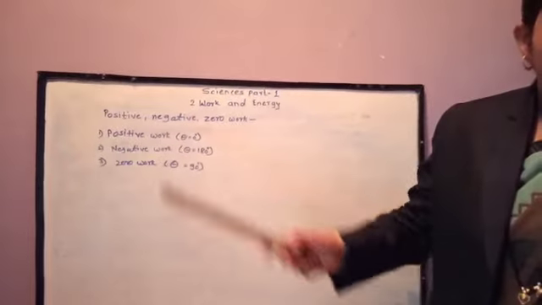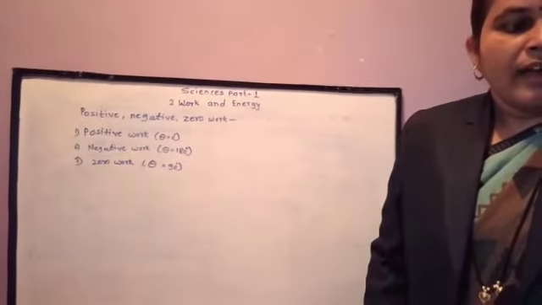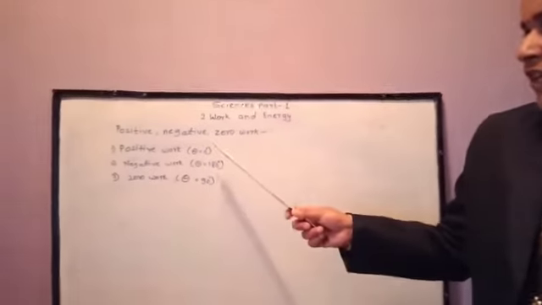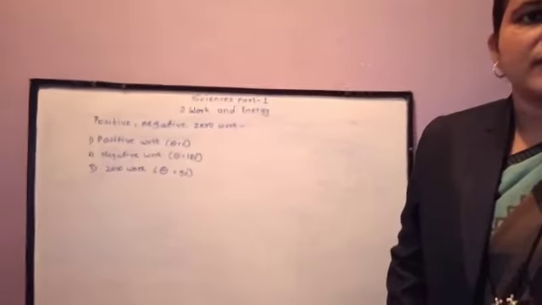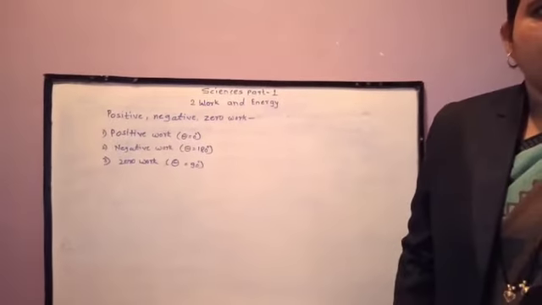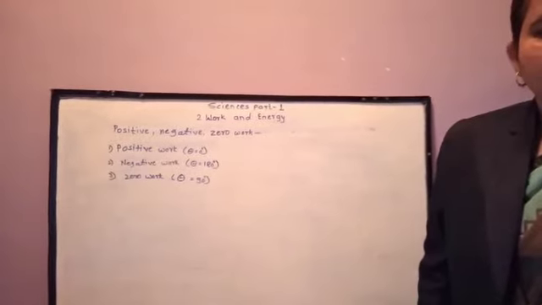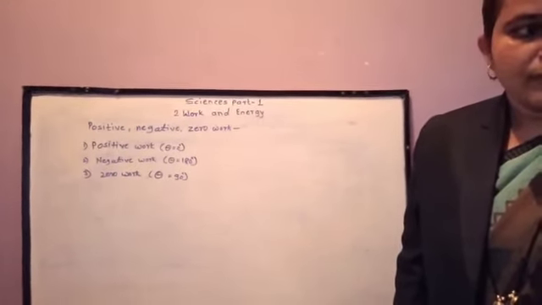When force and displacement are in the same direction, the value of theta is 0 degree. The work done by the force is positive. For example, pushing a stalled vehicle. The work done by the force is positive.